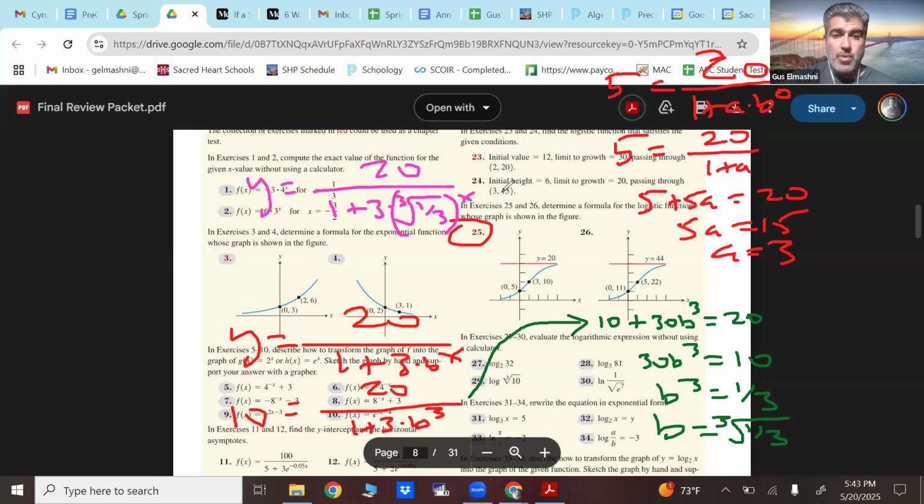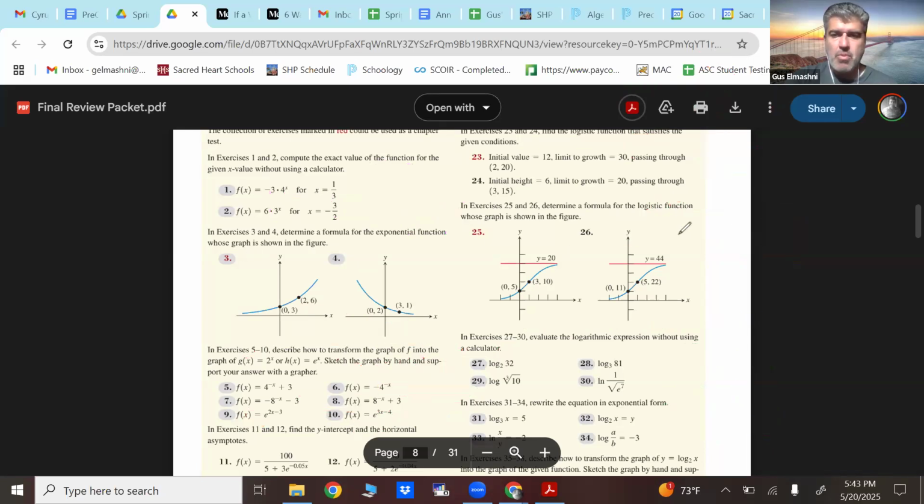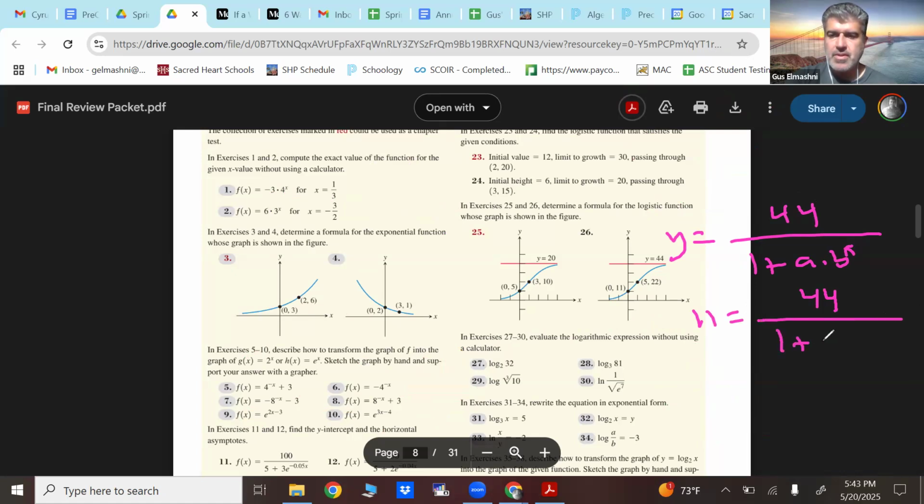So your c value is 44. Then plug in 0 for x. So you're gonna start by doing this: y equals 44 over 1 plus a times b to the x. You can plug in 11 for y and 0 for x.